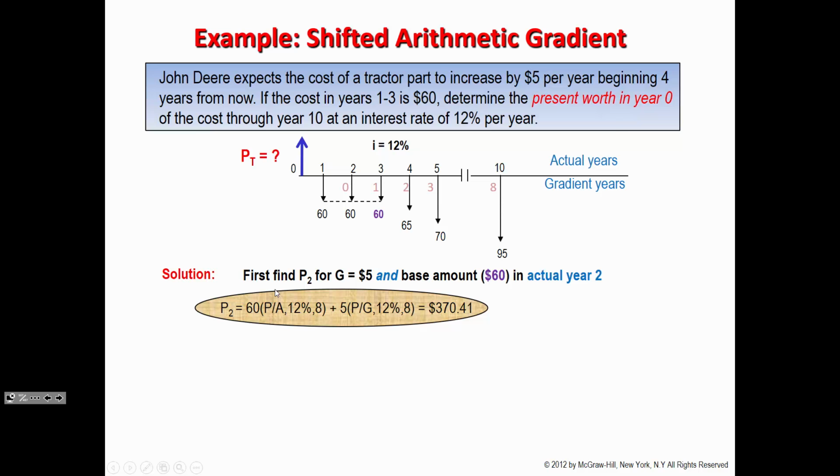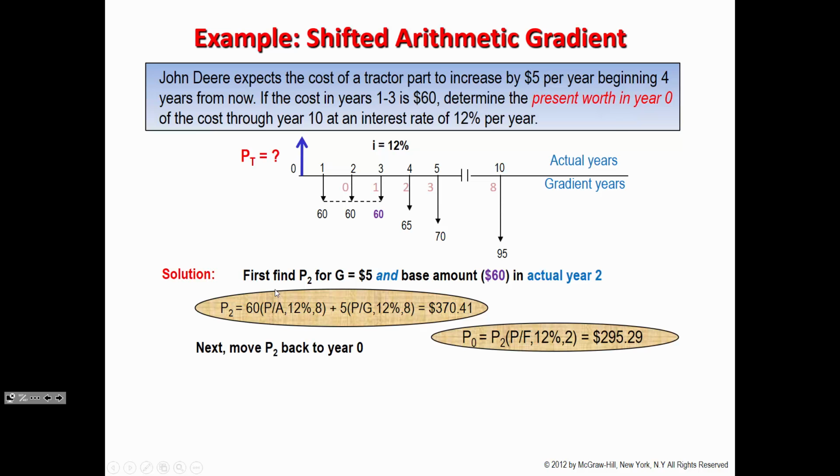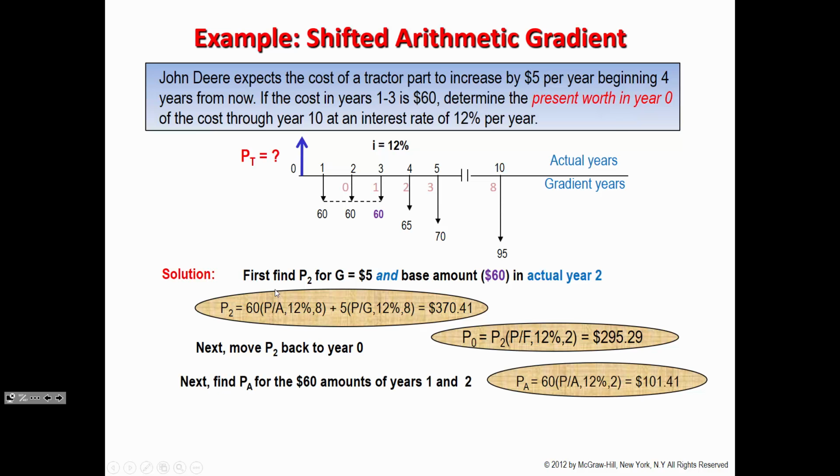So it's kind of splitting the timeline into everything before and after our year 2. And that's one of the things that will complicate these problems, that there's not just one way to solve them. So here we are moving everything from years 3 and onward to year 2, and then that means there's going to be 2 payments of 60 left over, and so those are these 2 payments of 60 that are taken to the present, and so altogether it's 396 and 70 cents.